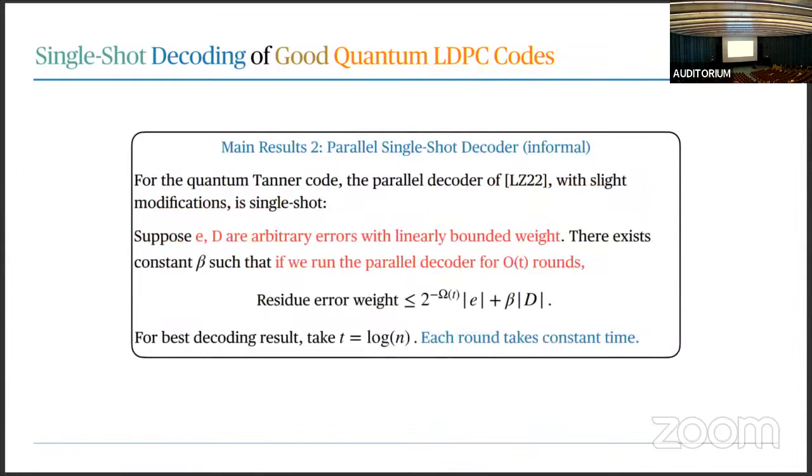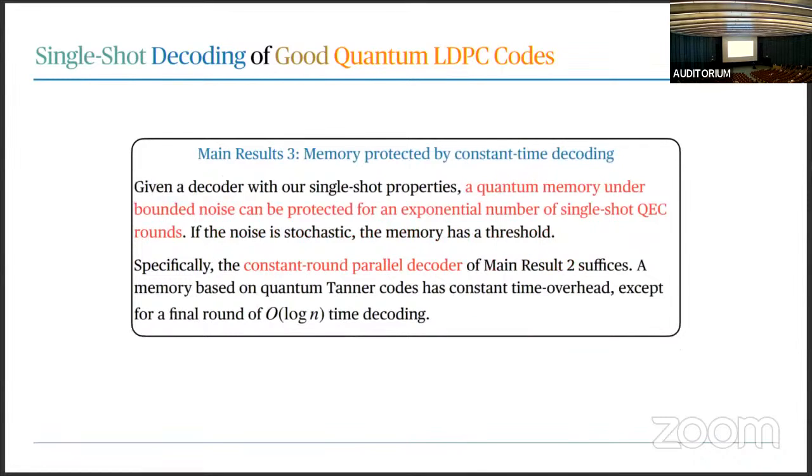Let's look here. If T is a large constant, then my residual error weight is exponentially bounded in the weight of the actual error, with some constant factor on the weight of the measurement error. And what we showed in the third main result is that suppose you have a decoder with the single shot property that we have discussed here.